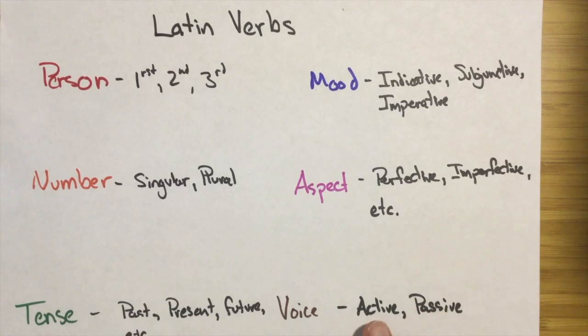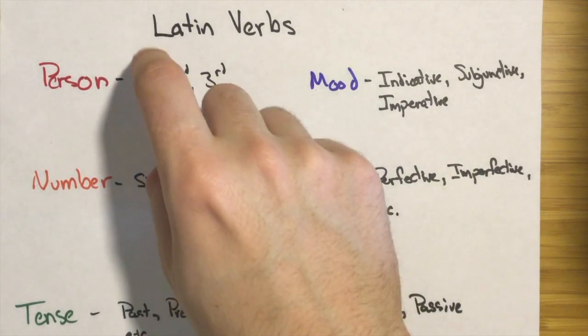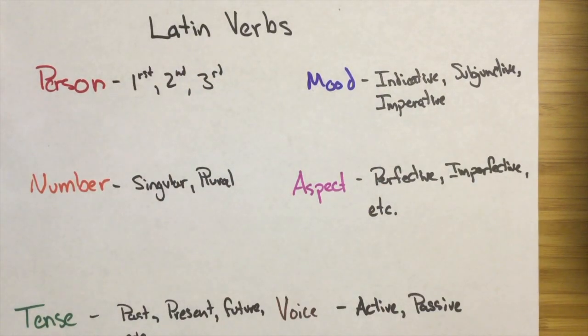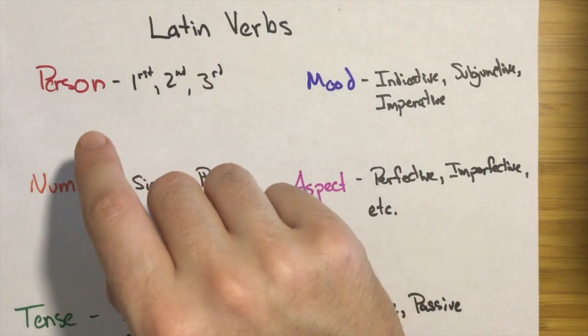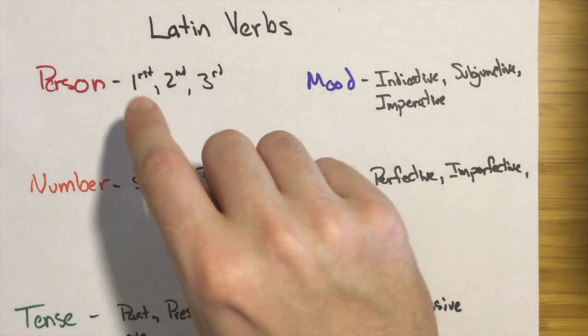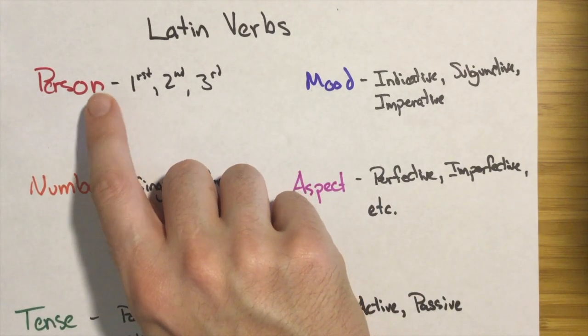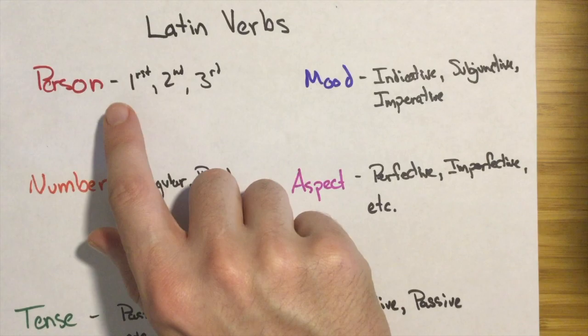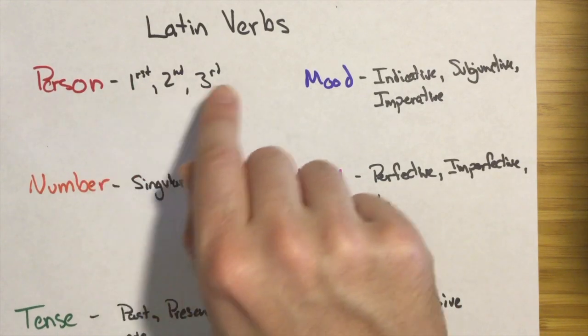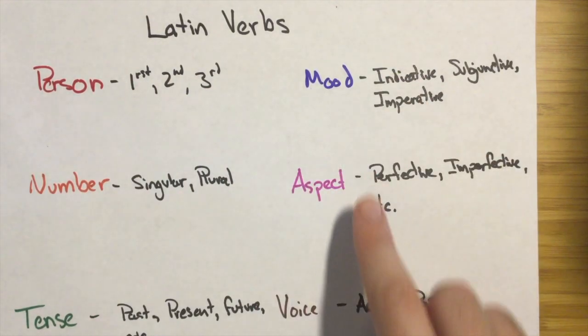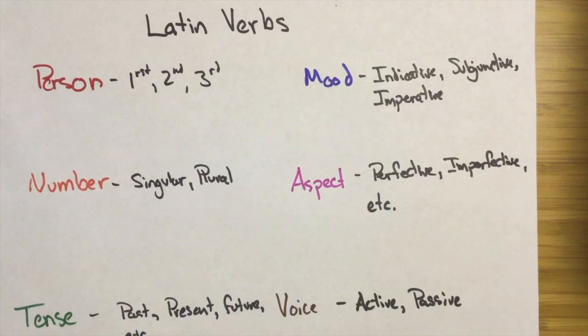In English, we have sort of a roundabout way to do it with the word is. In Latin, there will be different verb forms for it. And so the reason we go through all of these is because Latin tends to, instead of having roundabout ways to say things like we do in English, have an ending on the verb that expresses all of these: person, number, tense, mood, aspect, and voice, all in the same verb.